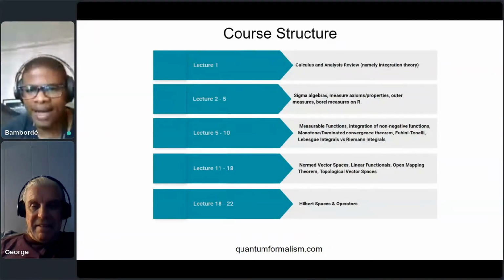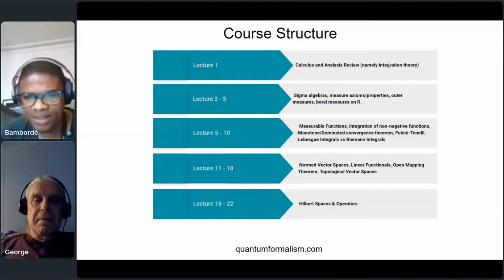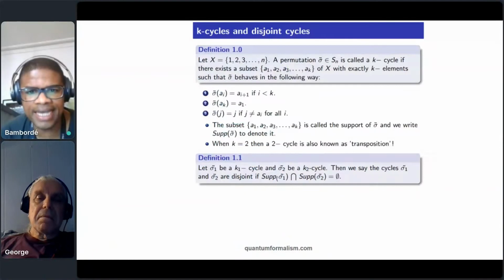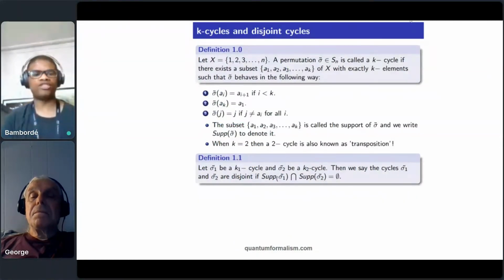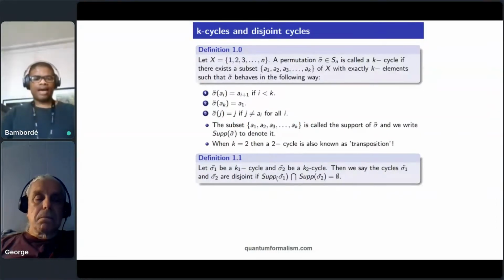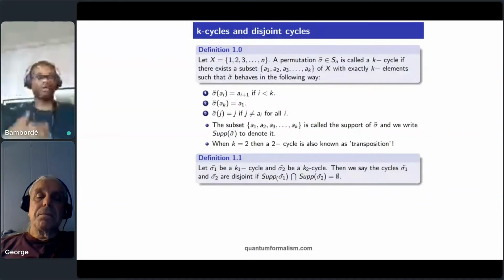Okay, so I hope I haven't made any typo. The first definition is the notion of k-cycles. I'm using a very unconventional approach. Normally, before people introduce the notion of a cycle, they introduce the notation first, through examples and so on.